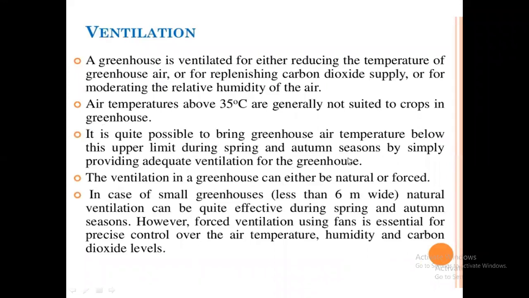And then ventilation. Ventilation is necessary to maintain the concentration of various gases in the greenhouse air, and the important gases are carbon dioxide and oxygen. It is also important to control the temperature within the structure.